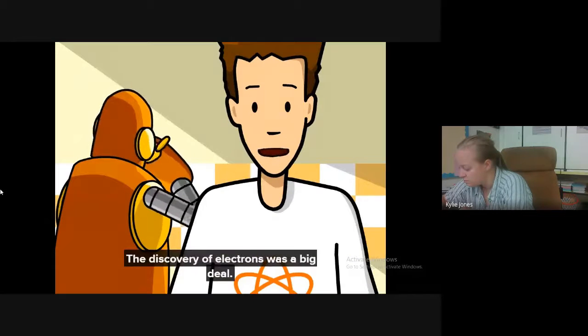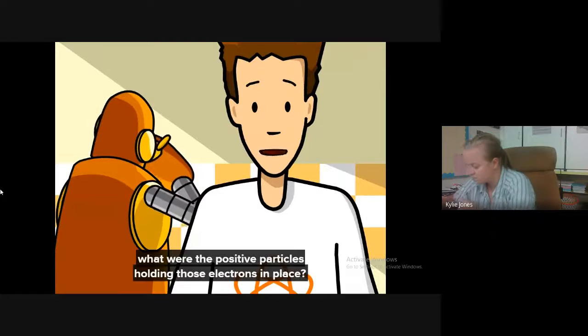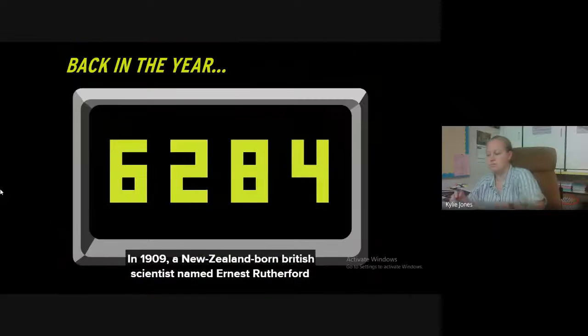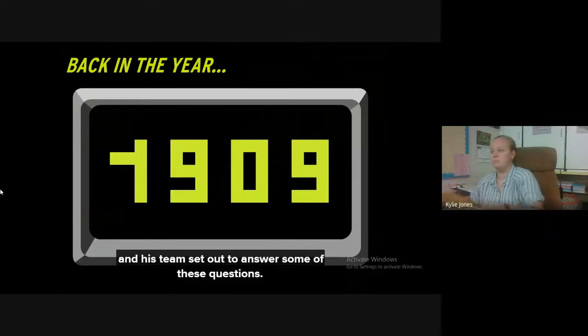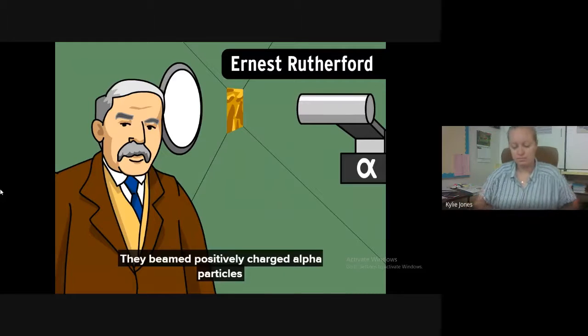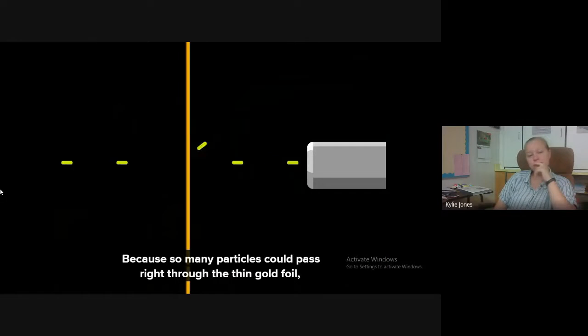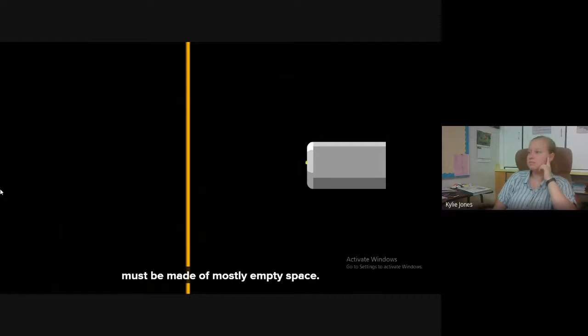The discovery of electrons was a big deal, but it left some questions to be answered. Where were those positive particles holding those electrons in place? In 1909, a New Zealand-born British scientist named Ernest Rutherford and his team set out to answer some of these questions. They beamed positively charged alpha particles at a sheet of really thin gold foil. Because so many particles could pass right through the thin gold foil, Rutherford hypothesized that the gold atoms must be made of mostly empty space.